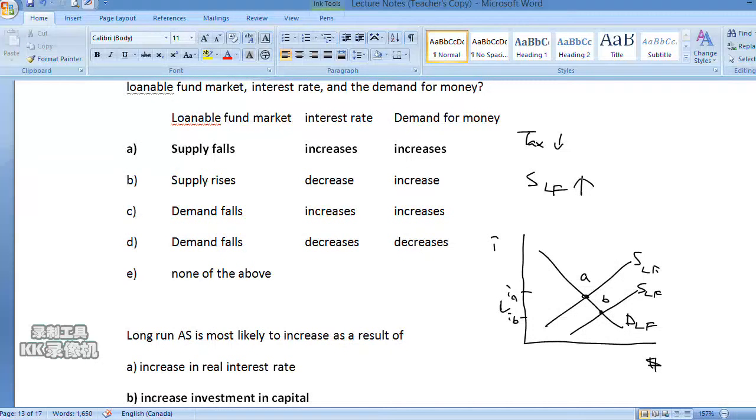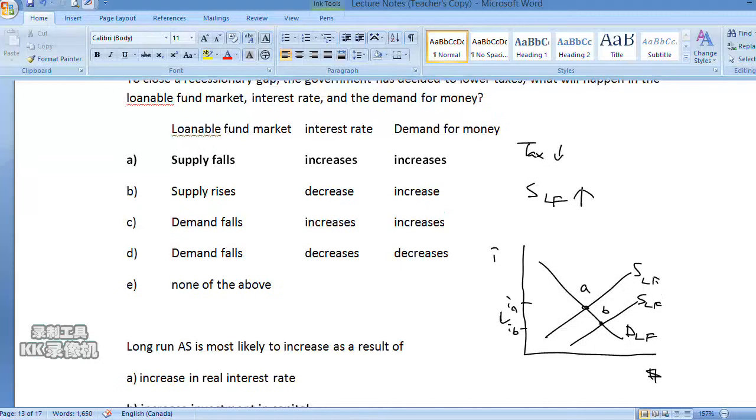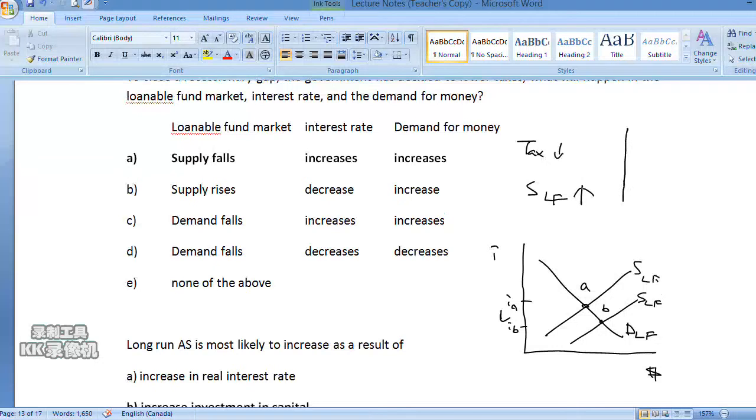Okay, so how about the demand for money? So money supply and money demand.